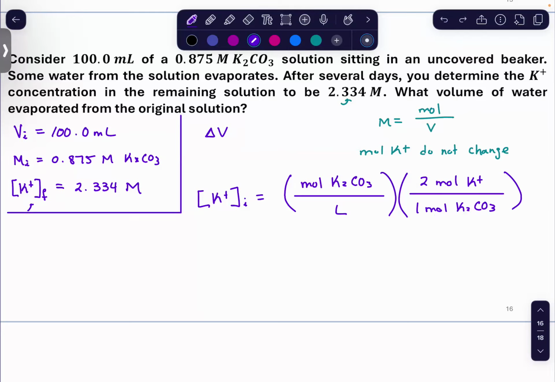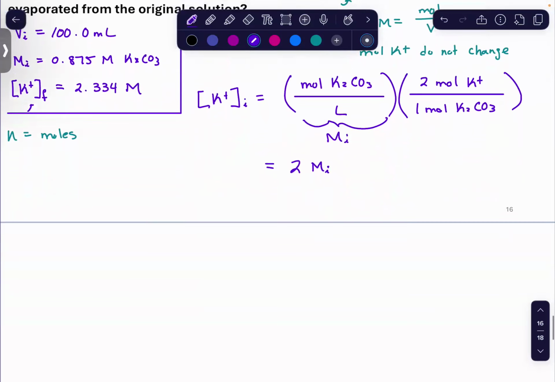But I also know that this entire expression right here is my initial concentration. So that means my initial concentration of potassium ions is going to be 2 times my initial molarity. Now, in chemistry, lowercase n is very often the number of moles. So it's just another notation for you.